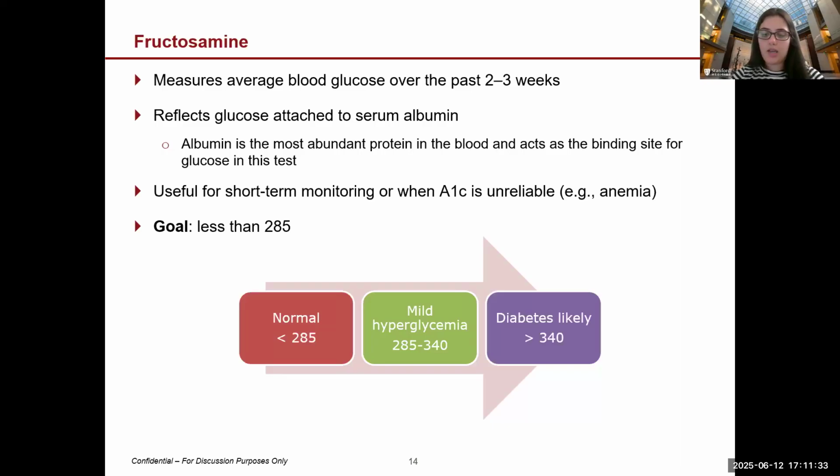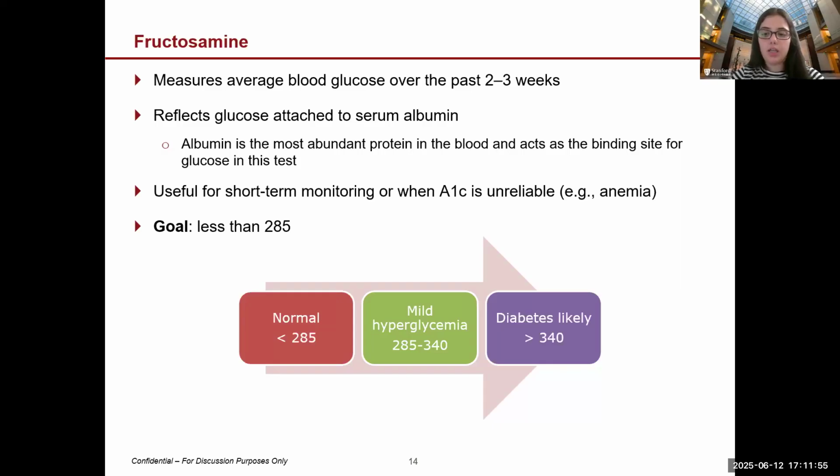Albumin is a protein found in your blood. It usually helps carry multiple things in your body, including hormones, vitamins, and medicine. Albumin is different from the hemoglobin, which the A1C reflects.